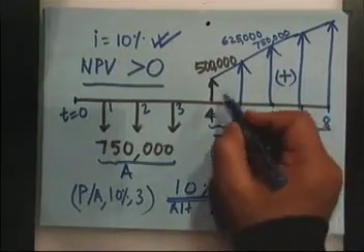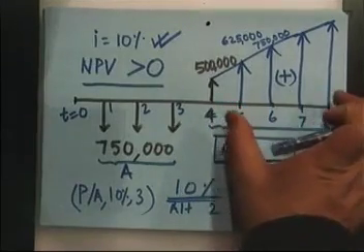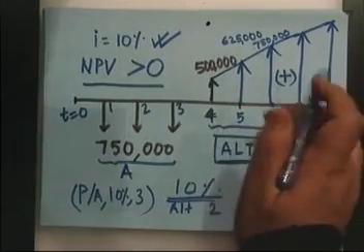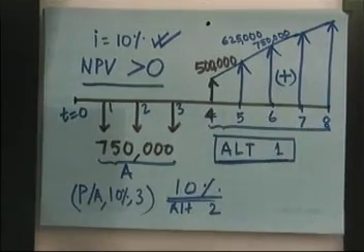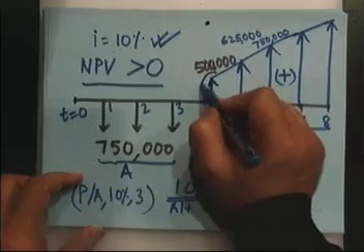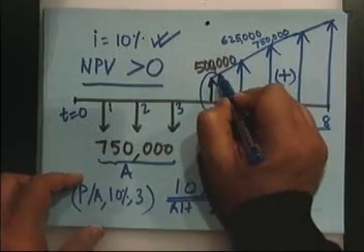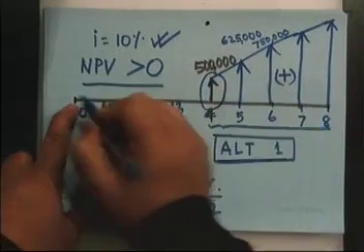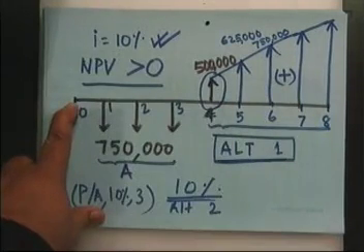So, how do I convert this? There are many ways. The simplest would be to bring each one of them. For example, this 500,000, what is it equivalent to at time t equal to 0?